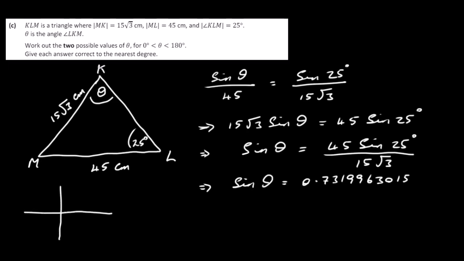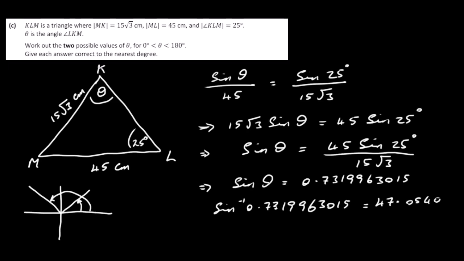But if you think about it, there are going to be two angles that have this as a sine. One angle is going to be in the first quadrant, and because sine is positive in the second quadrant, we're going to have another angle here. So this will be one angle, this will be the other angle here. So when we do sine inverse of 0.7319963015, we get an angle of 47.05401, and so on.